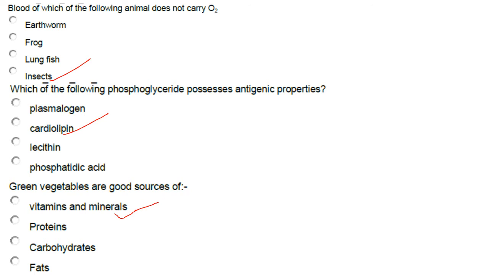So the blood of insects does not carry oxygen. Then next one. Which of the following phosphoglyceride possesses antigenic properties? So that is cardiolipin. Then green vegetables are a good source of vitamins and minerals.